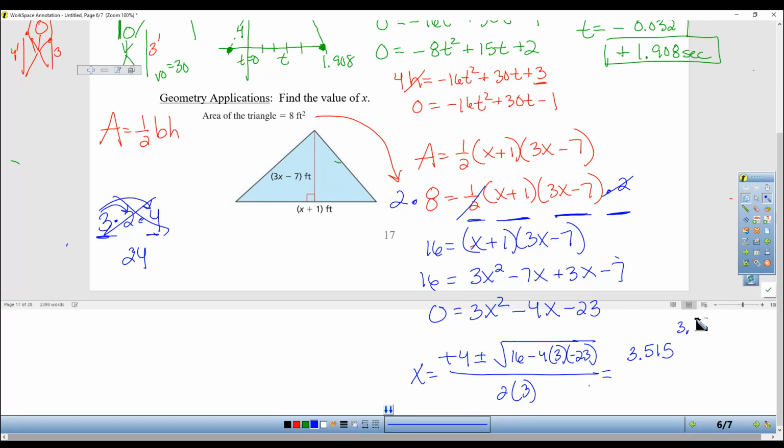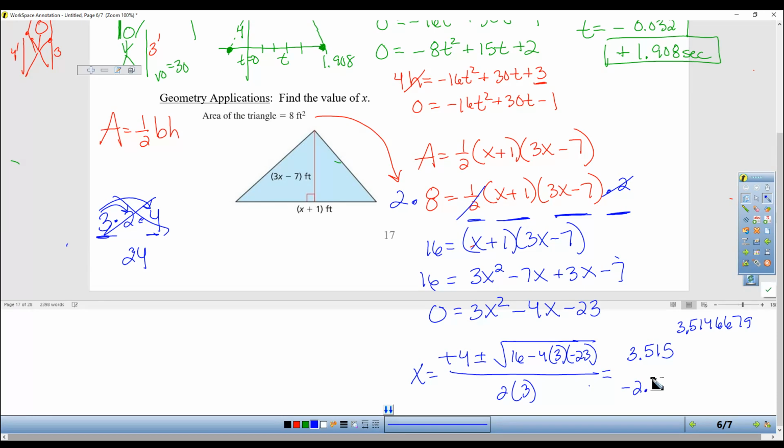It's actually 3.514667, but when I round to 3 decimal places, remember always 3, I'm going to go ahead and make that a 5. And then when I hit second enter, I can go back and just change that to a minus, which is great, not having to type in the whole thing again.